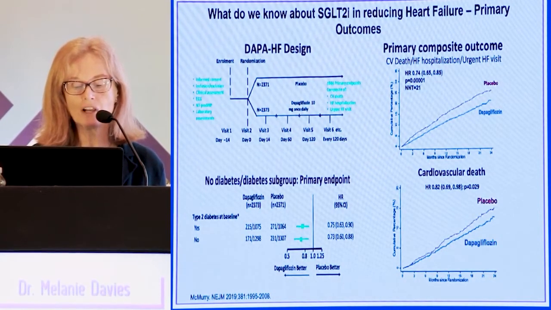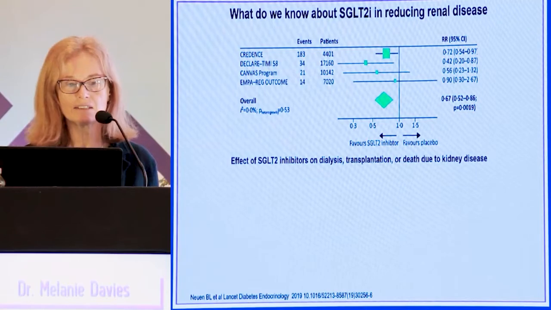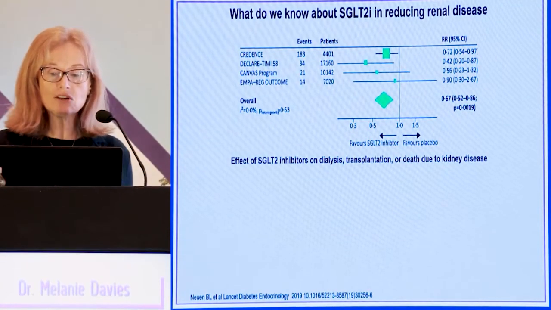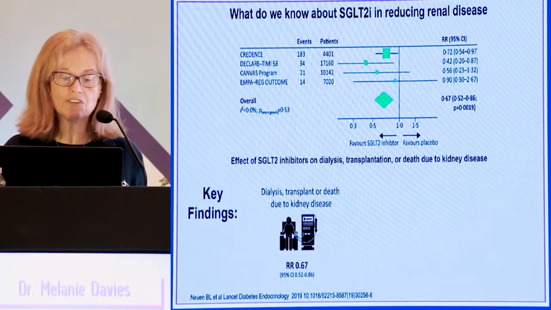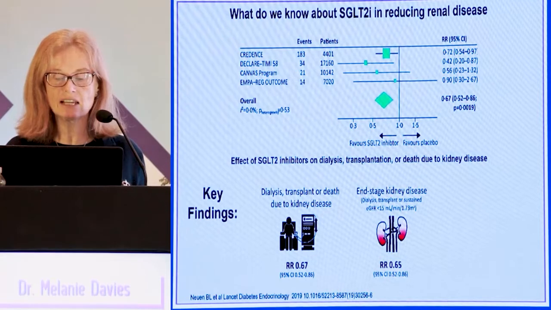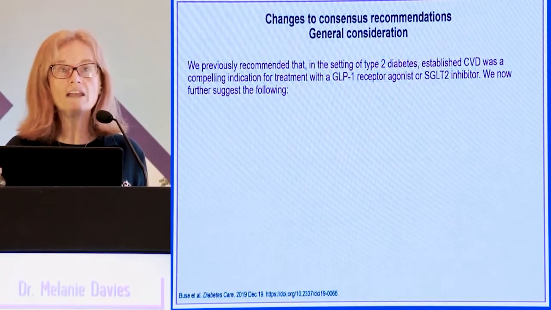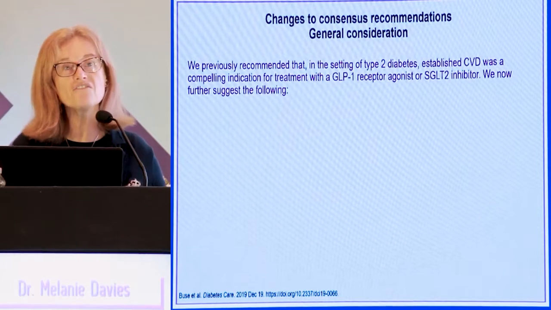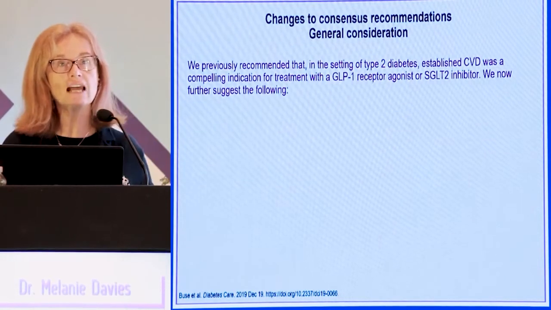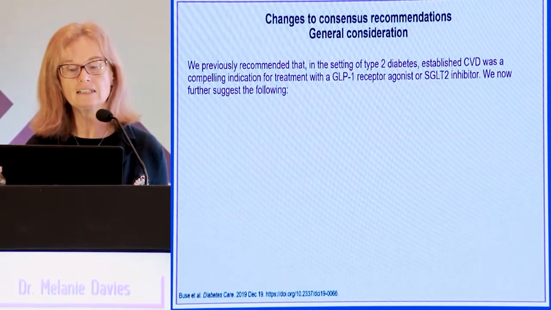And there will be, I'm sure, a license change to support that. In terms of renal disease, we get significant reductions in dialysis, end-stage kidney disease, and acute kidney injury with the SGLT2s. So I think there is very clear evidence now in terms of heart failure and chronic kidney disease.